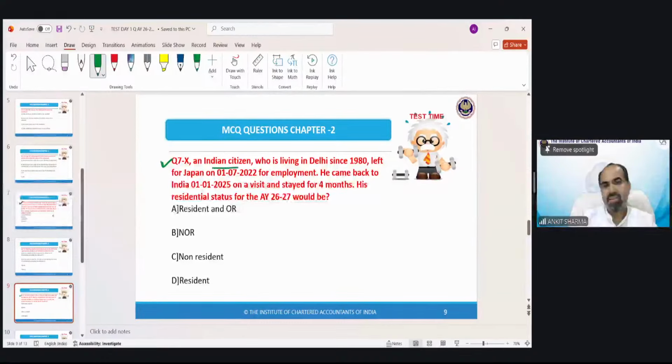X, an Indian citizen who is living in Delhi since 1980, left for Japan on 1st July 2022 for employment. He came back to India on 1st January 2025.